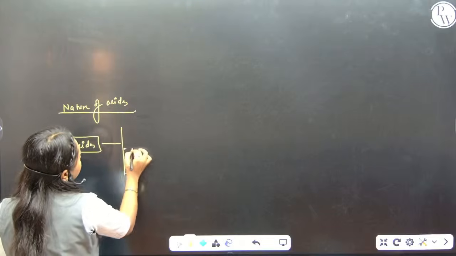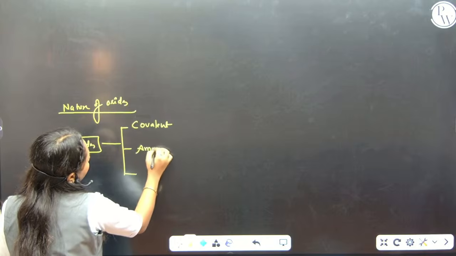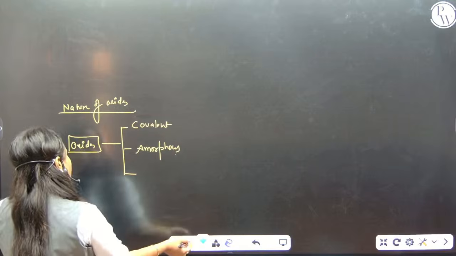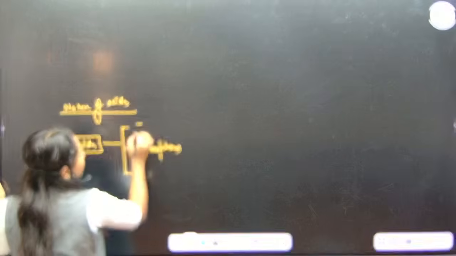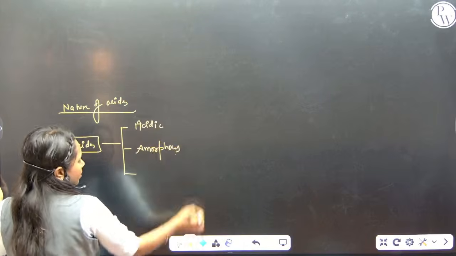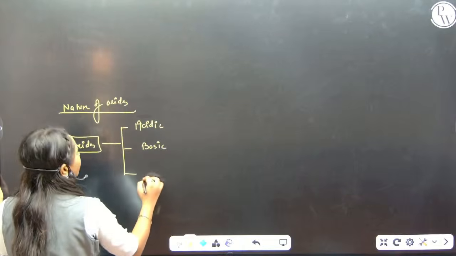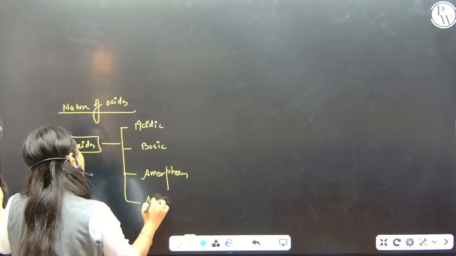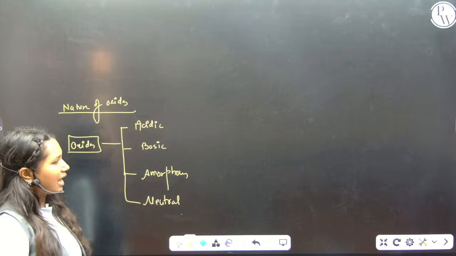So what are the types? Sorry, oxides are acidic, basic, amphoteric, and neutral. Oxides are acidic, basic, amphoteric, and neutral.